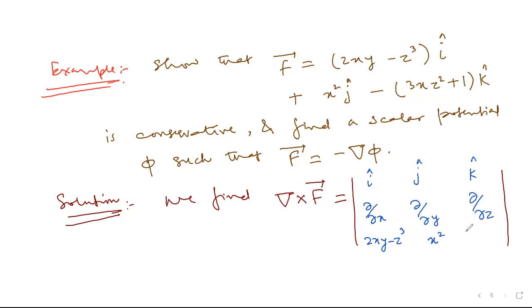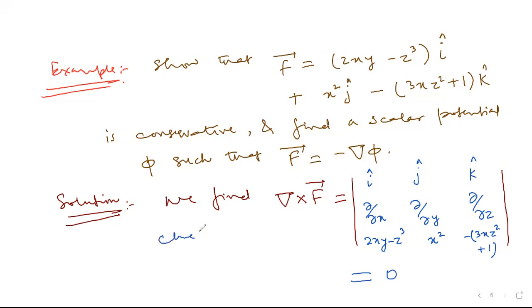Here we write minus 3x z square plus 1. When you solve it, it turns out to be equal to 0.